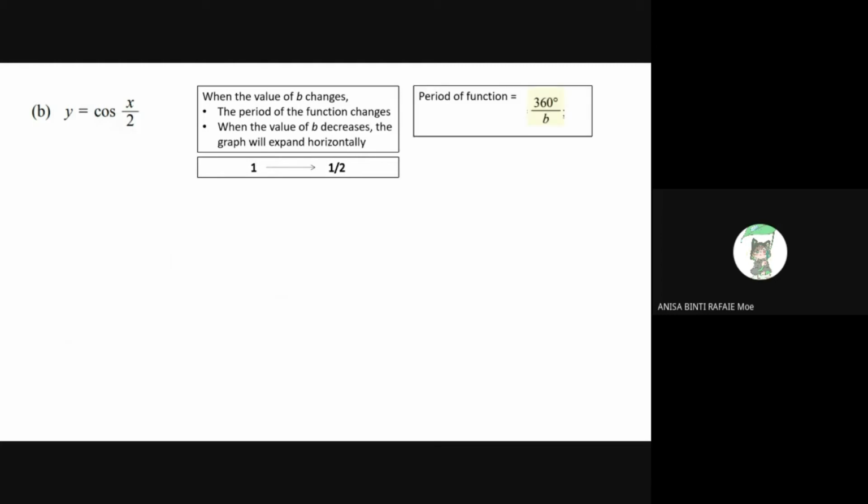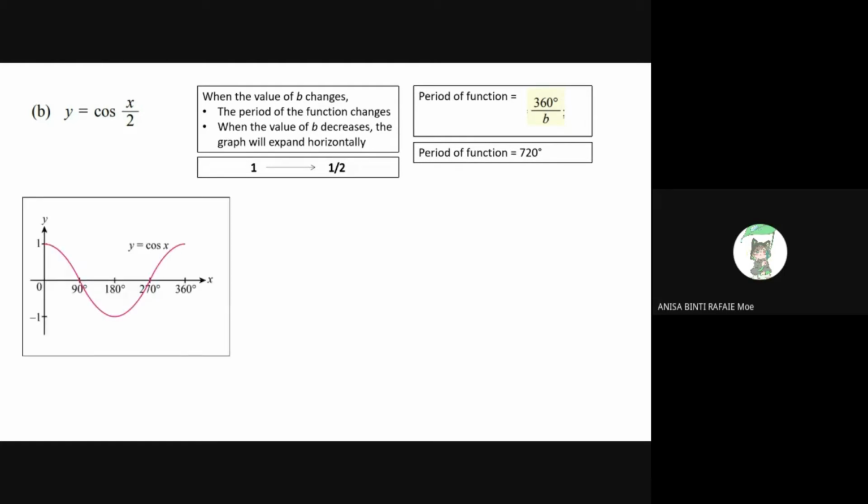Since the period of the function is calculated by using 360 degrees divided by b, you can just divide 360 by 1 over 2, and we will get 720 degrees. That means the graph will extend to 720 degrees on the x-axis.